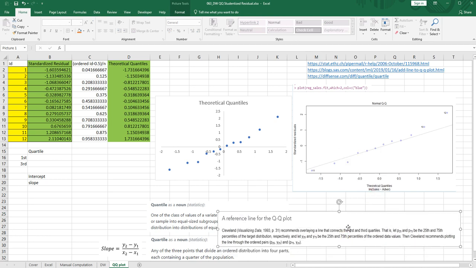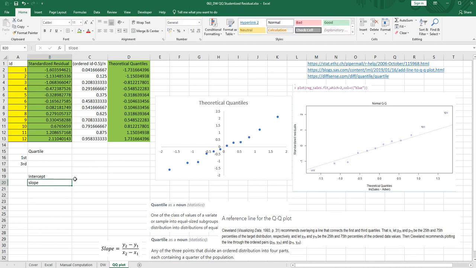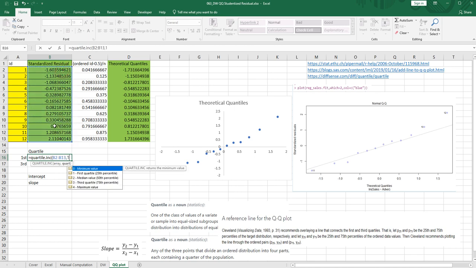So in a QQ plot, to draw a reference line, we need to calculate the 25th and 75th percentiles. So it means that it's the same as the first quartile and third quartile. So from the sample data, residual, we can calculate the first quartile and third quartile. QUARTILE.INC, this one, and comma 1.